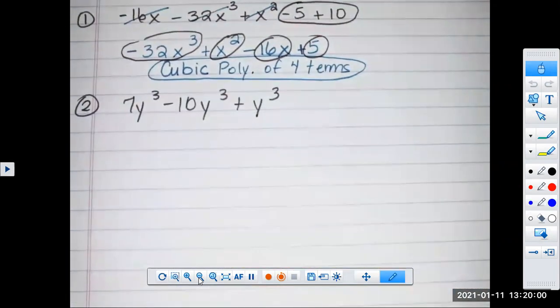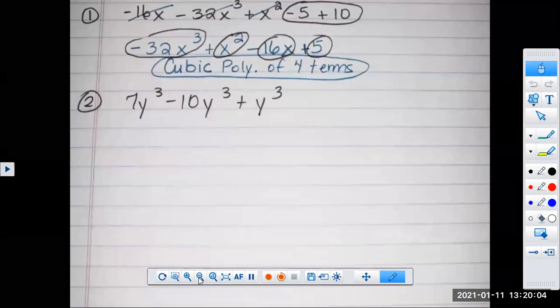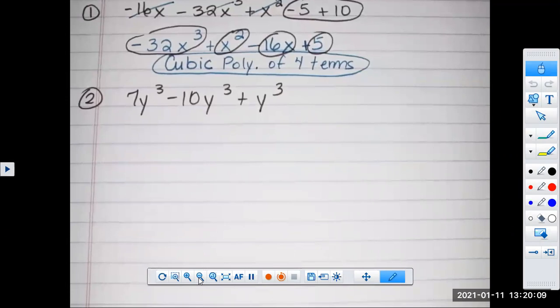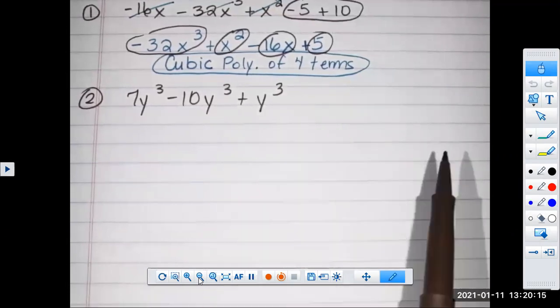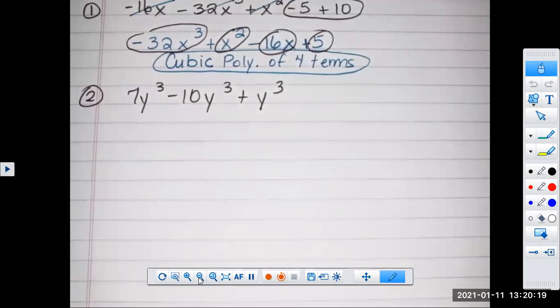Okay, 7y to the third minus 10y to the third plus y to the third. Can you simplify that before you do anything else? Yes, they're all like terms, so combine them. What do you get? Negative 2y third.